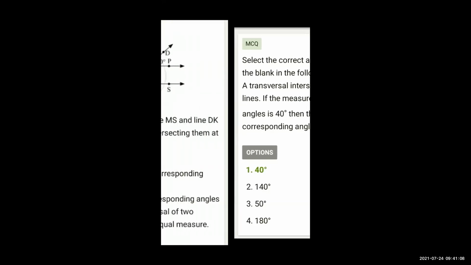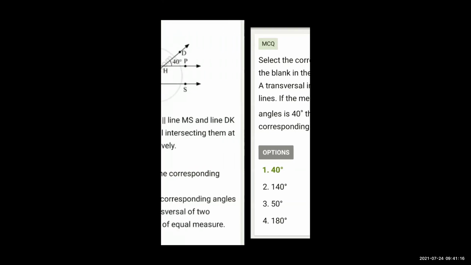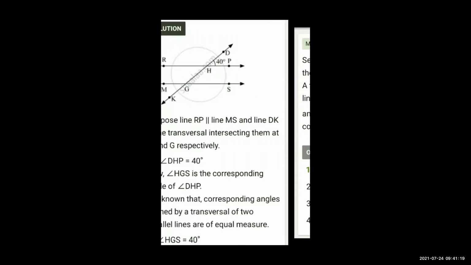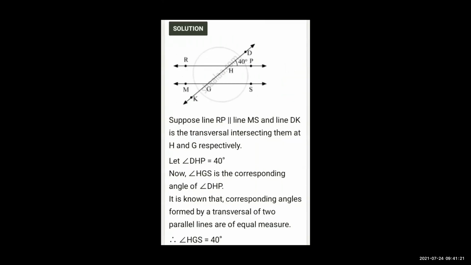Here the description is given along with solution. Okay, you can see here 40 degree is mentioned here, and to its corresponding angle that will be also 40. So all is given here.